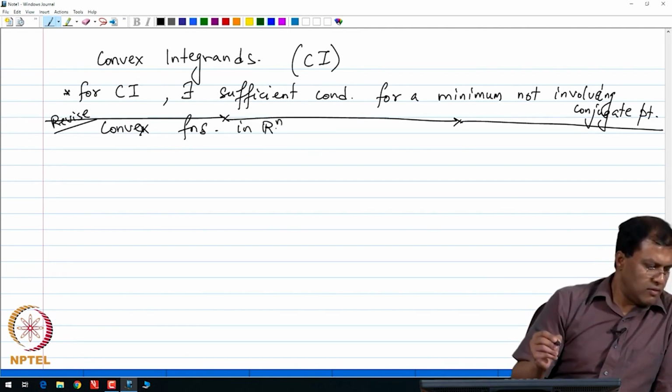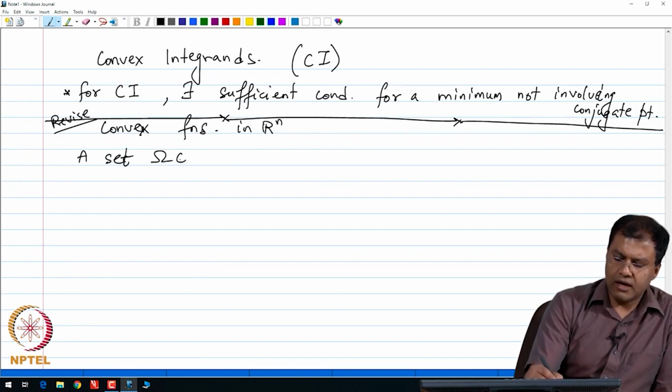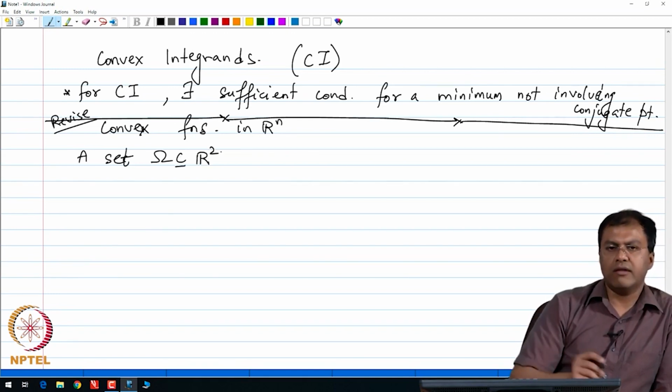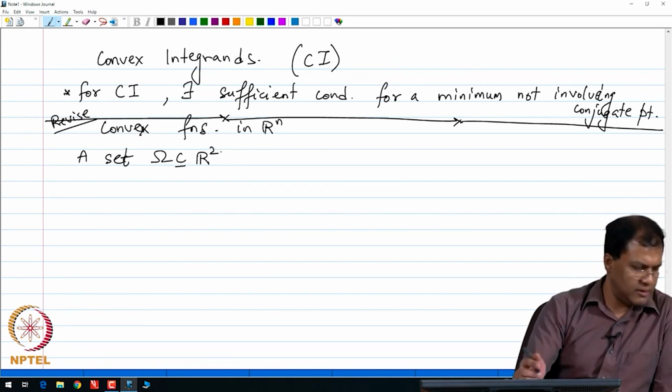A set omega is convex; we are going to restrict our attention only to R2, and similar ideas extend to R3, R4 and so on, higher dimensions.